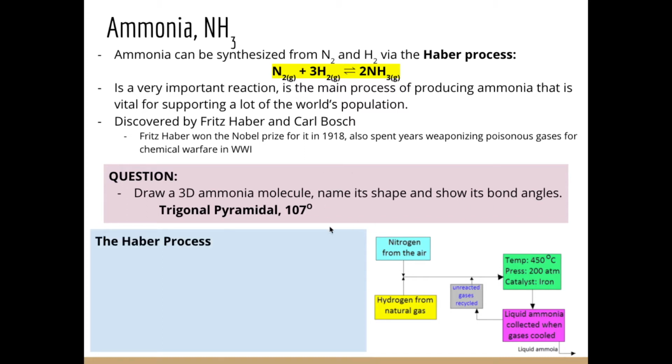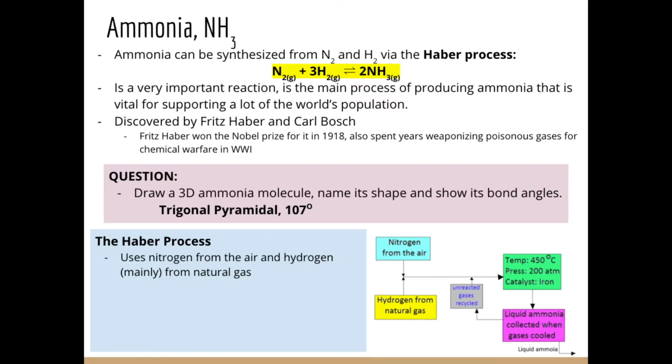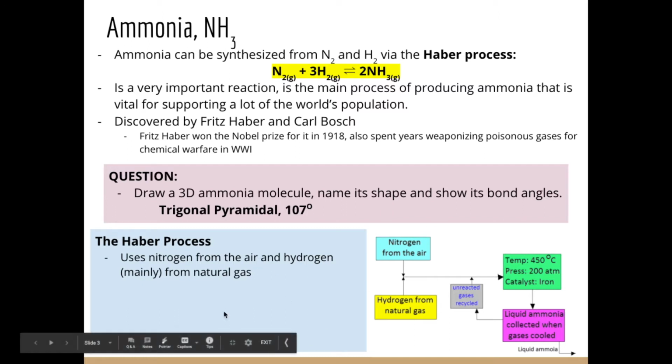Let's look at this Haber process in a bit more depth. So, it uses nitrogen from the air, like we just said before. 78% of our atmosphere is unreactive nitrogen, so we've got plenty of nitrogen that we can extract from the atmosphere in order to use it to make this ammonia. And the hydrogen comes mainly from natural gas.